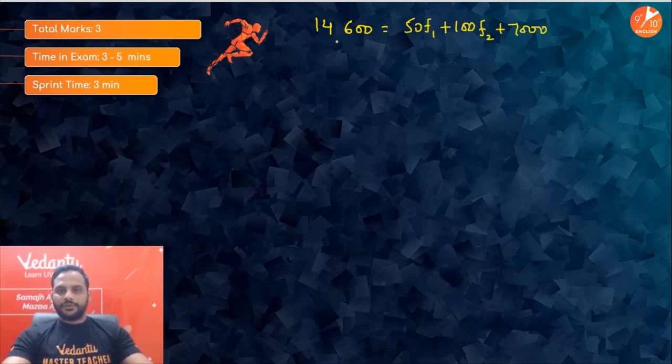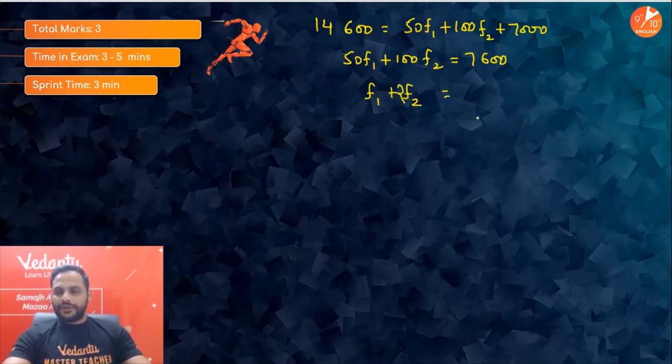Shift 7000 over there, so 14,600 minus 7000, so we'll be getting 50 f1 plus 100 f2 is equal to 7600. Now we can take 50 common, so f1 plus 2 f2 is equal to, taking 50 common, the 0s get cancelled, 76 into 2 will be 152.